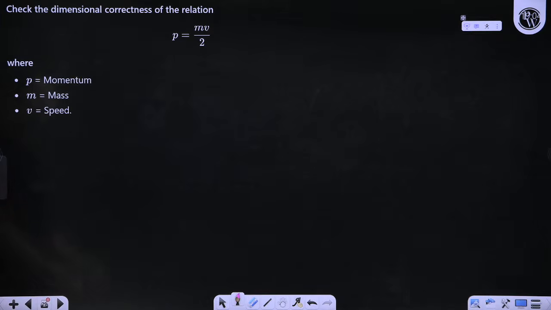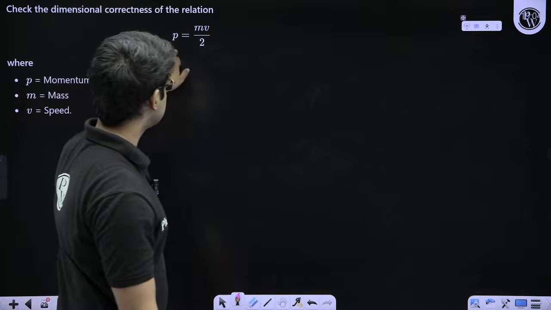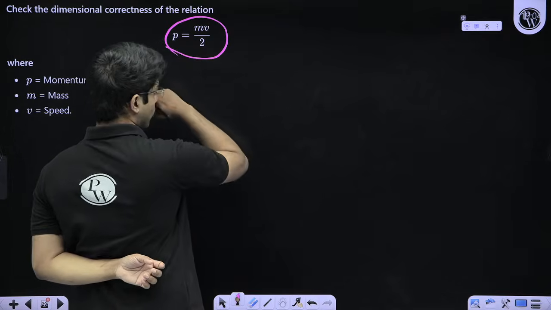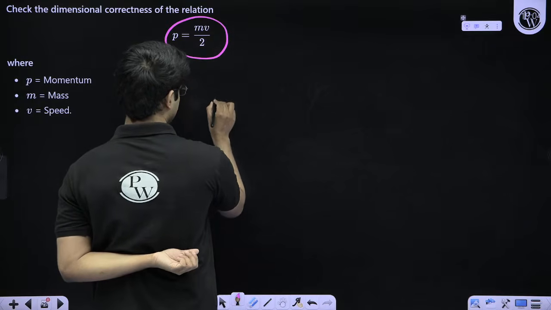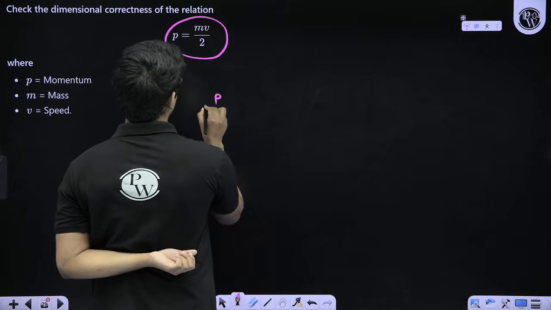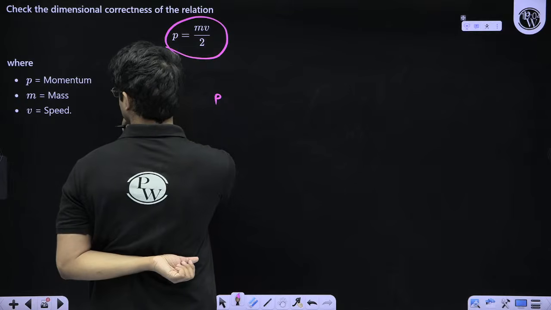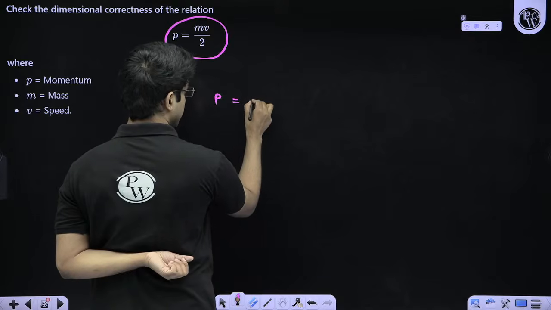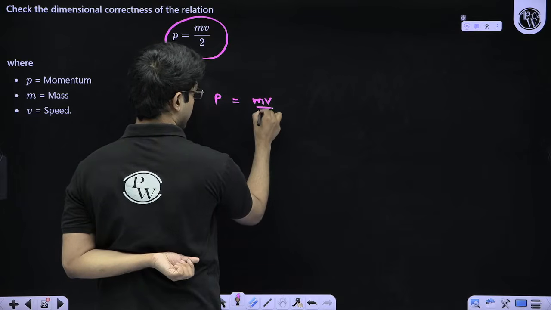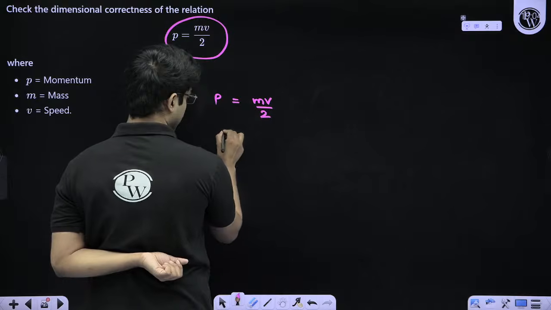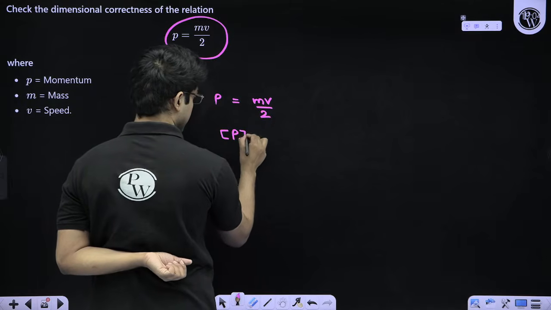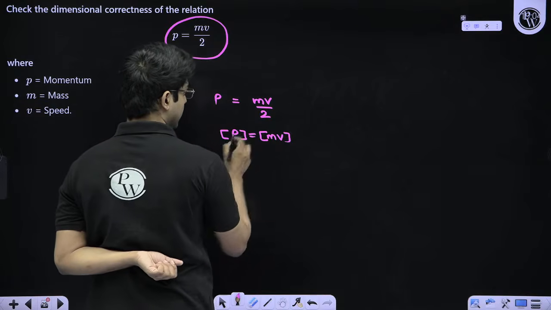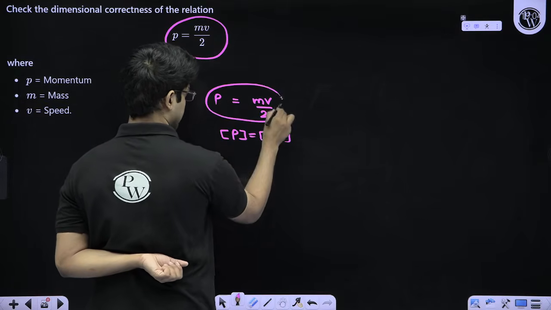Then we have to check if this is dimensionally correct or not. P equal to mv by 2. Now we can directly say it is wrong, but to check it, on the left side we have momentum and on the right-hand side we have mv by 2. This is dimensionally correct because momentum's dimension is the same as mv's dimension, right? But this equation is wrong, as you can see.